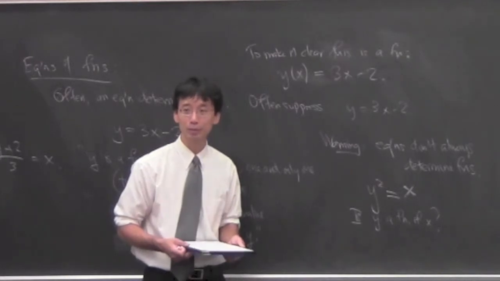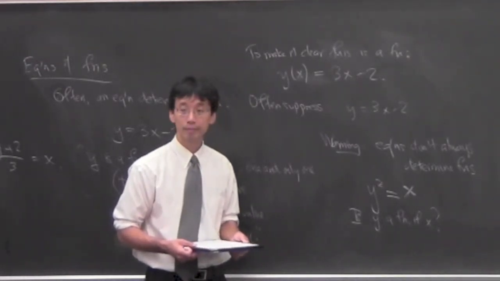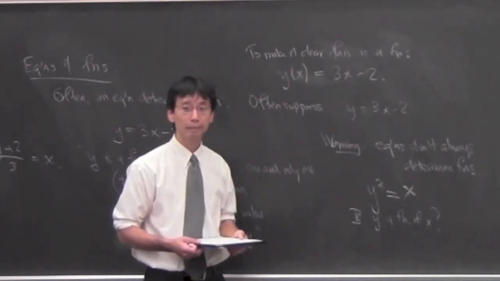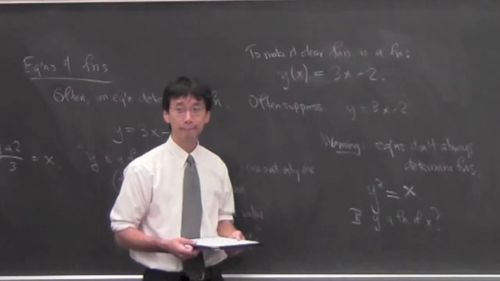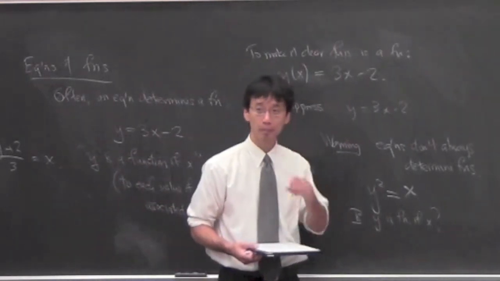No, I see you shaking your head. Why? Because to get y on its own, you would have to take the square root of x, and that leaves plus or minus the square root of x, which means there are two solutions for every x, which means by definition it's not a function.